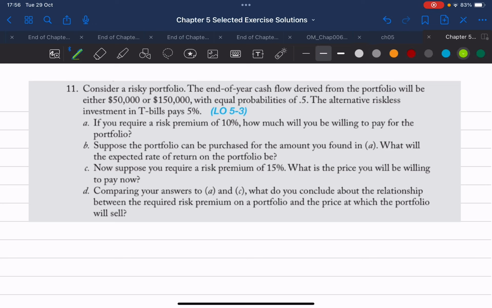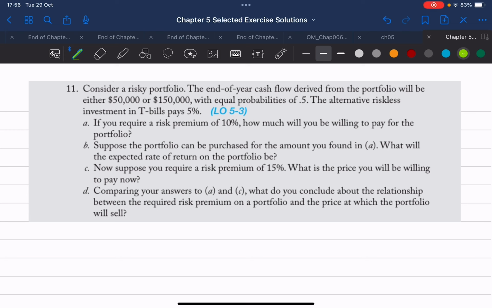So the first thing we're going to do, we're going to figure out the expected amount of cash that we're going to generate, considering that there's a 50% chance that we're going to generate 50,000 and another 50% chance that we're going to generate 150,000, okay?